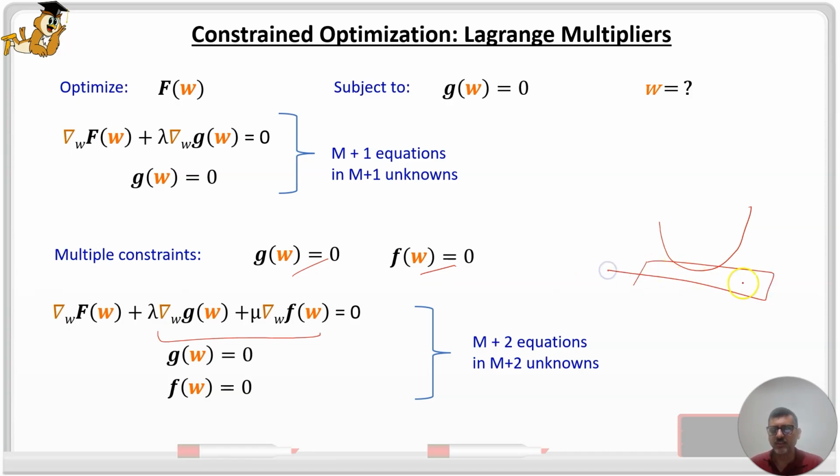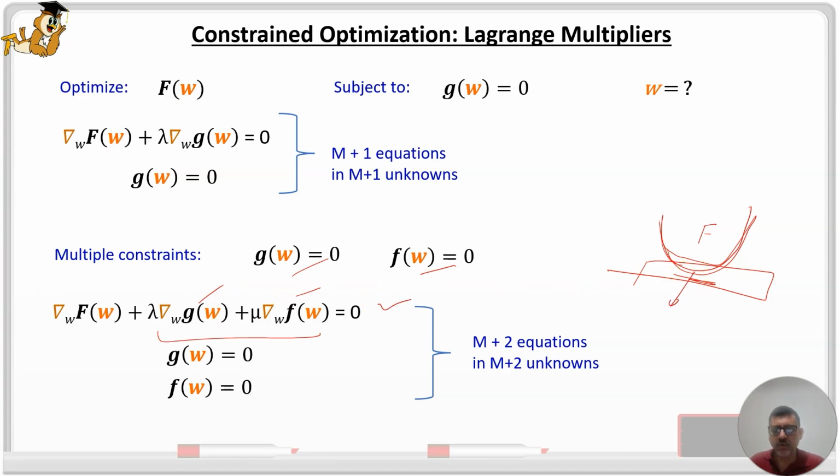Okay, not necessarily a hyperplane, it would be a surface, and the tangent to this surface would have to be a tangent to this curve f as well, and the tangent to this surface you could write as a linear combination of the gradient of g and the gradient of small f, and that is why this equation comes about.